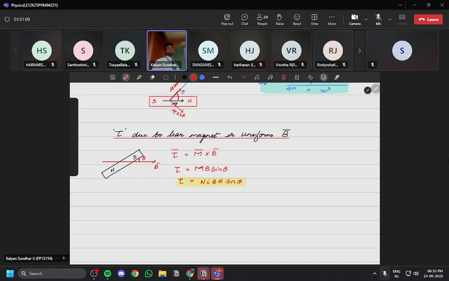Correct? When you look at the summation of forces, the forces will be opposite, so the linear force will cancel out. Only torque will remain. The distance for these two will be L, and this is also L. So the perpendicular distance will be L sin theta. Similarly for this one, the perpendicular distance will be L sin theta.